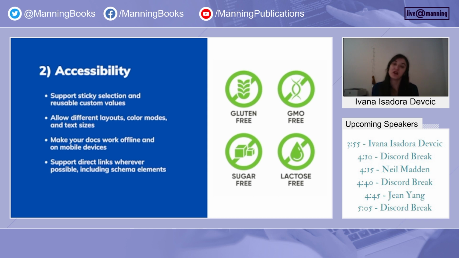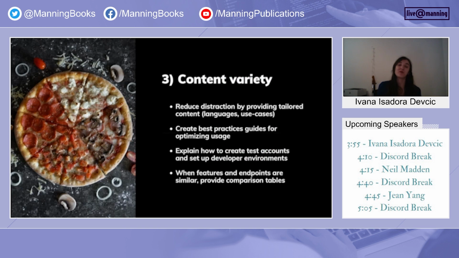It makes people feel like the documentation is this tool that works for them, a tool that is considerate of their needs. And this very nicely ties into this next idea of catering to different types of users by providing content variety. Again, it's all about creating a tailored contextual experience.